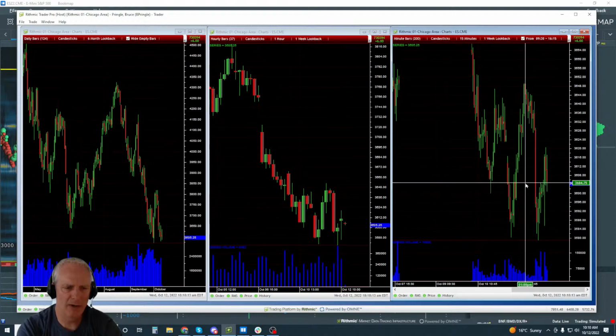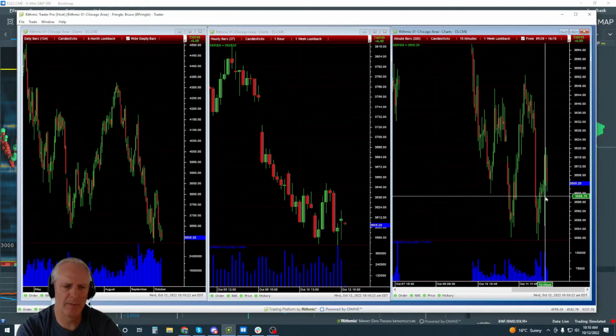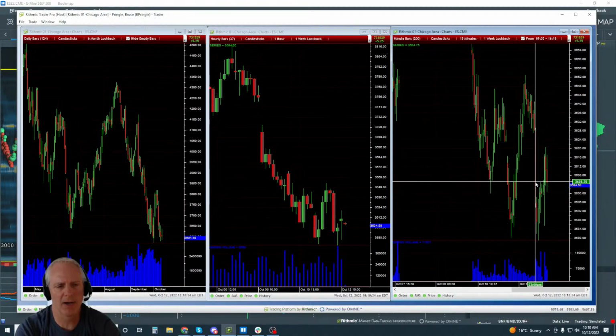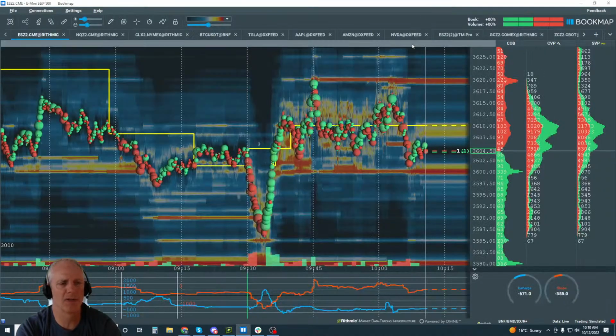So right around the figure here, or 05, where we kind of are, I'm looking for sellers. Let's see if we can get sellers in here, and let's see if they can move it back down into the bottom of this little range here around 98.5. Maybe it can come back down into 87. Maybe we have to wait for the Fed. Maybe it just bounces around here above 05 or 3,600.